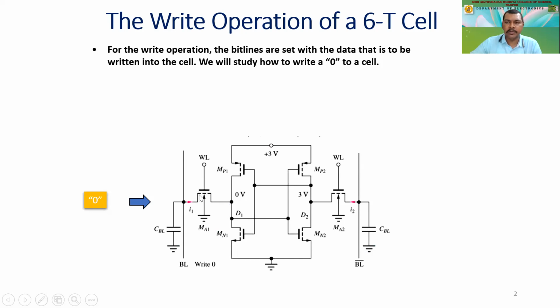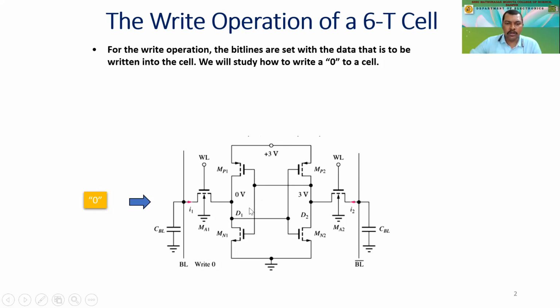These are actually enhancement type MOSFETs, which are called the bypass transistors. So MA1 and MA2 are the bypass transistors, whereas MP1, MN1, MP2, and MN2 are the cross-coupled inverters that I showed you yesterday, and they are energized by 3 volt over here.